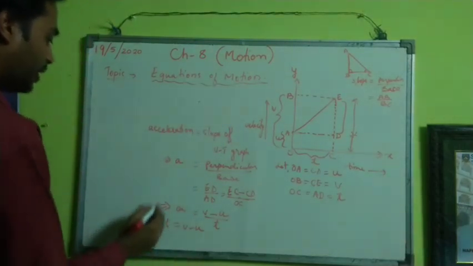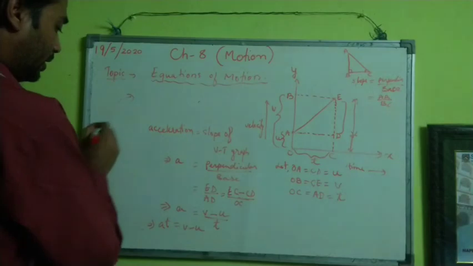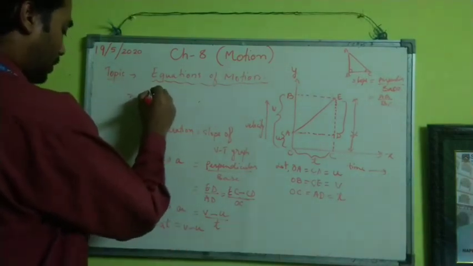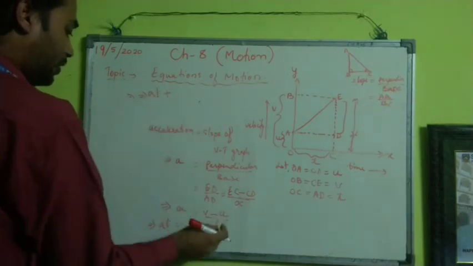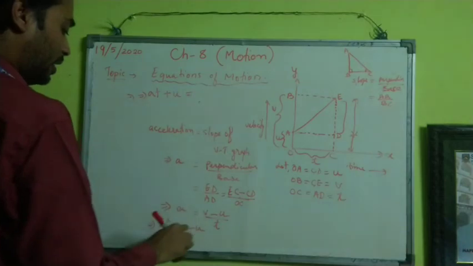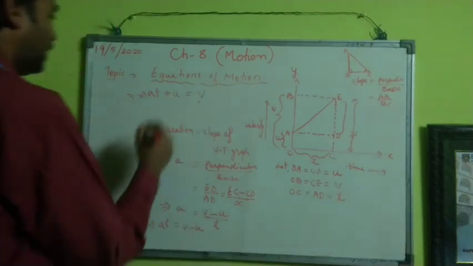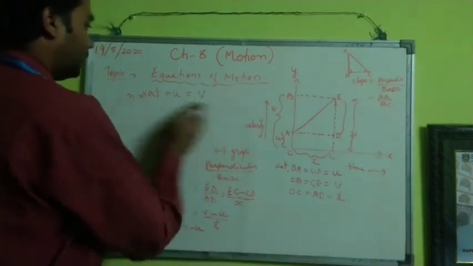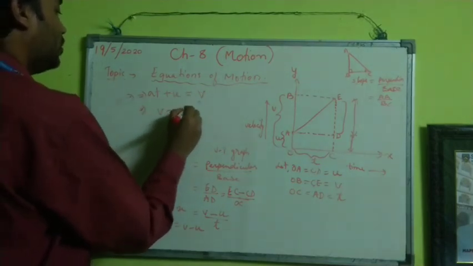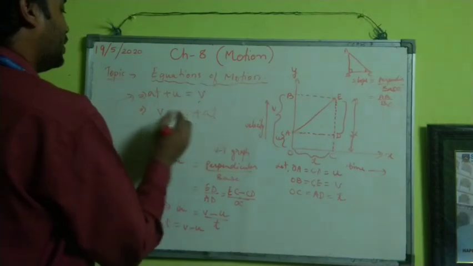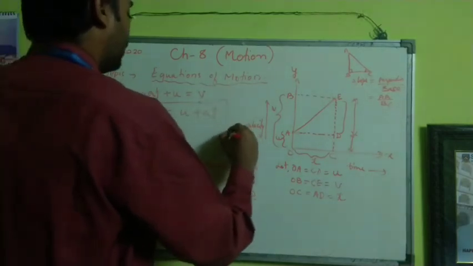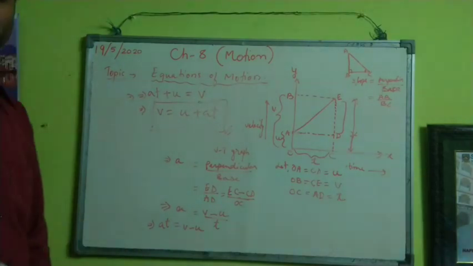Continuing from here, you can write AT plus U, and we are left with only V on the right hand side. Now swapping left hand side and right hand side, we can write V equals U plus AT. So this is the derivation of the first equation of motion.